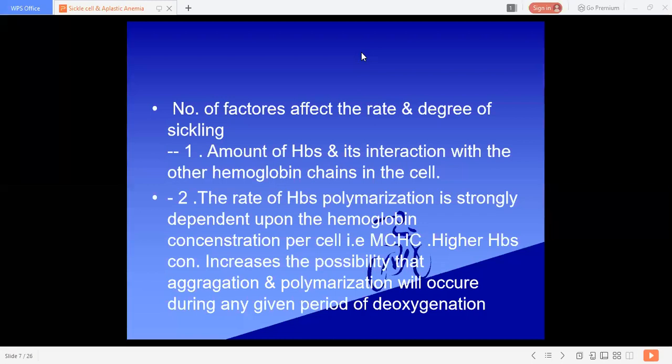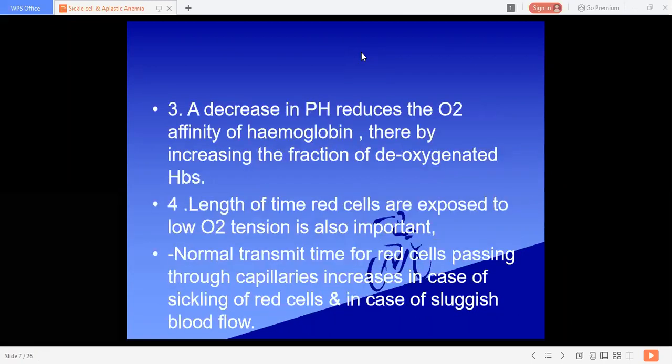A higher HbS concentration increases the possibility that aggregation and polymerization will occur during any given period of deoxygenation. Whenever MCHC is higher, the concentration of hemoglobin is higher, and the possibility increases that aggregation and polymerization will occur in any phase of deoxygenation.